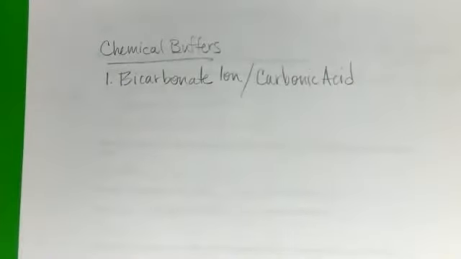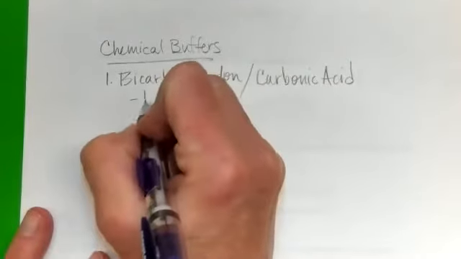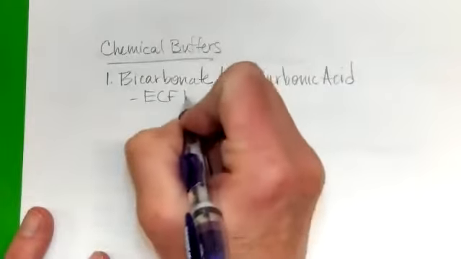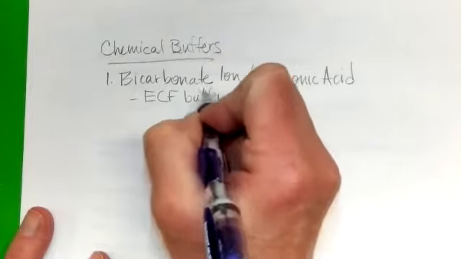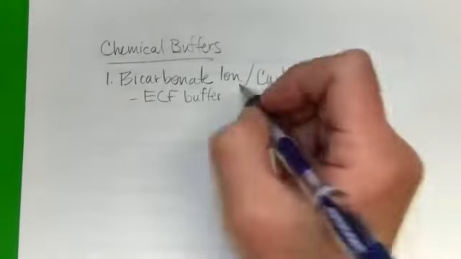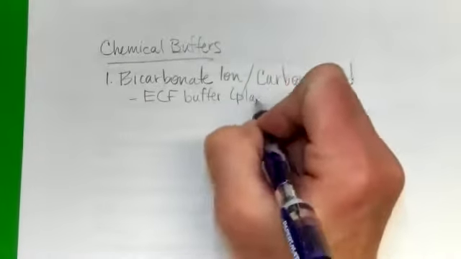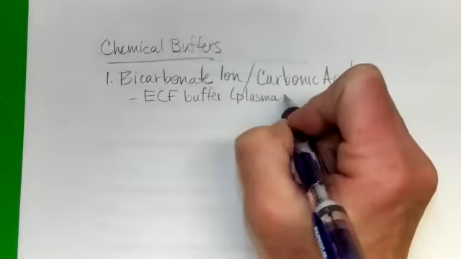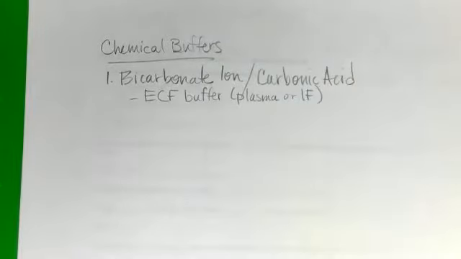All right, so the bicarbonate ion carbonic acid is going to be our extracellular fluid buffer. Okay, so whether you're in the plasma or in the interstitial fluid, this will be the buffer because it's not going to be in the cells.